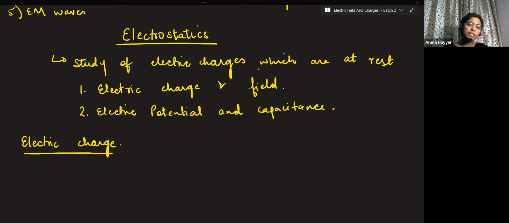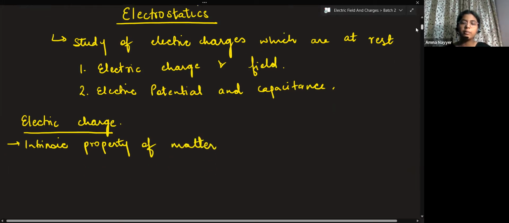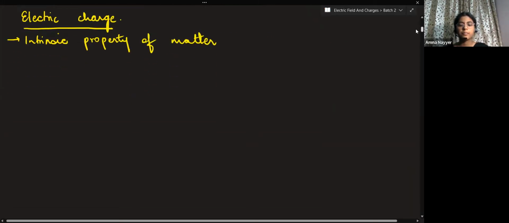So electric charge is basically the intrinsic property of matter that gives rise to electric forces.